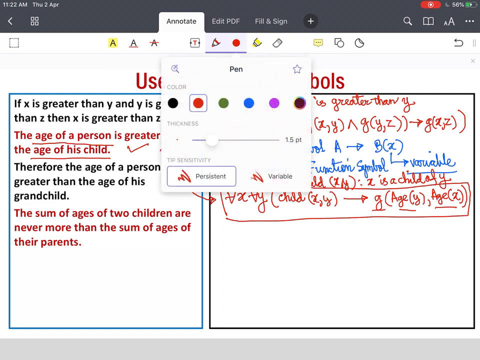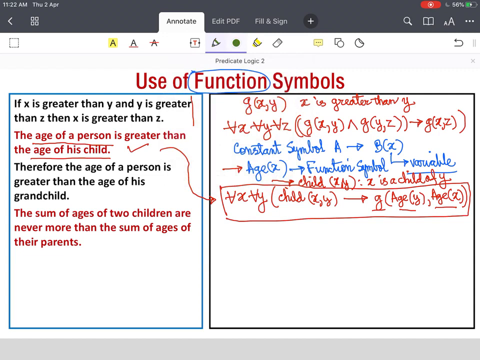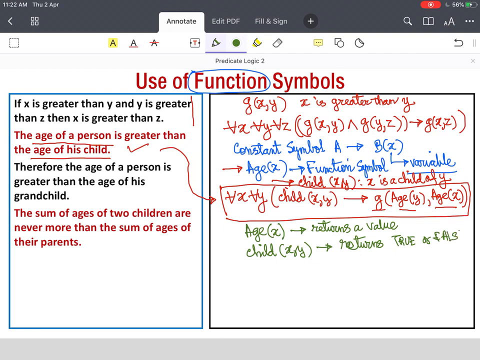That means that the difference between a function symbol and a predicate symbol is as follows. A function symbol like age(x) returns a value from the domain, whereas a predicate symbol like child(x, y) returns true or false.